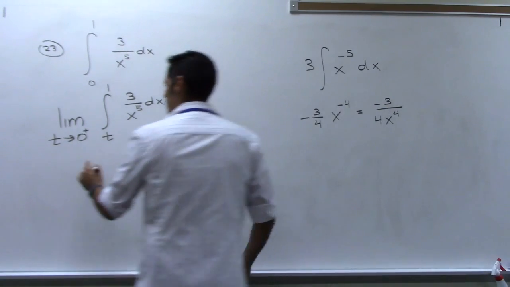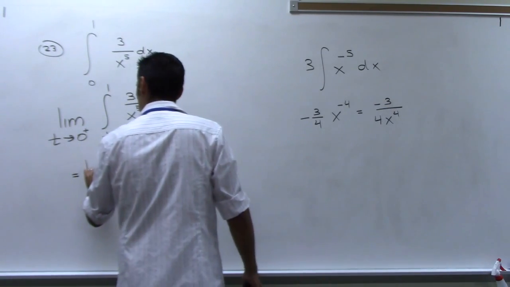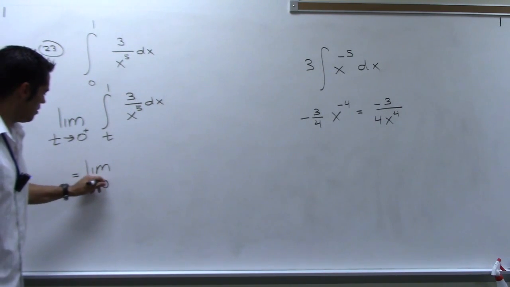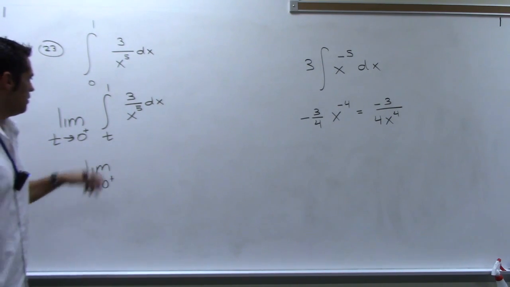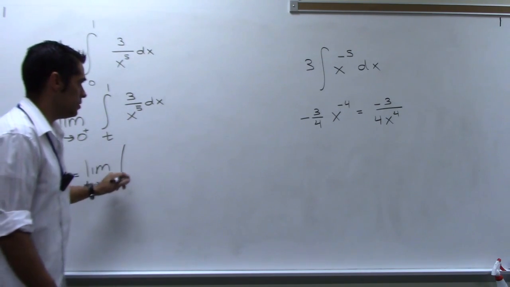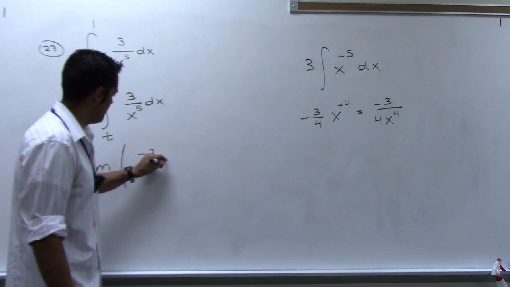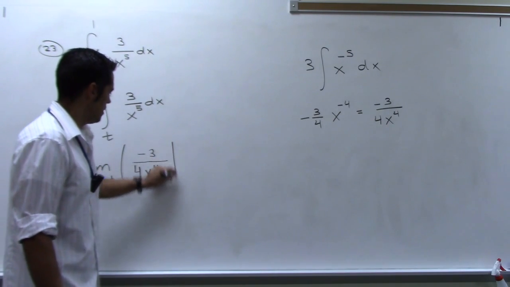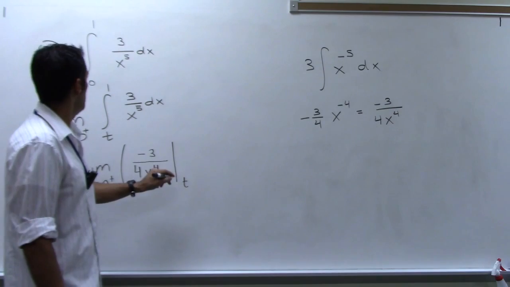So this becomes limit, let's see, limit t goes to 0 from the right of the antiderivative of that, which is -3 over 4x to the 4th, evaluated t to 1.